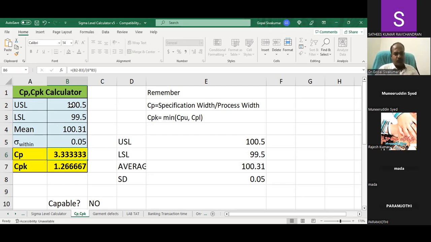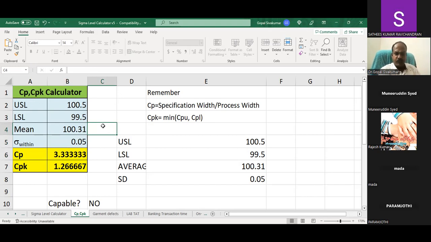In Minitab, if you want the Cp, Cpk value, you need not only the process mean and standard deviation, you also require the subgroup size.